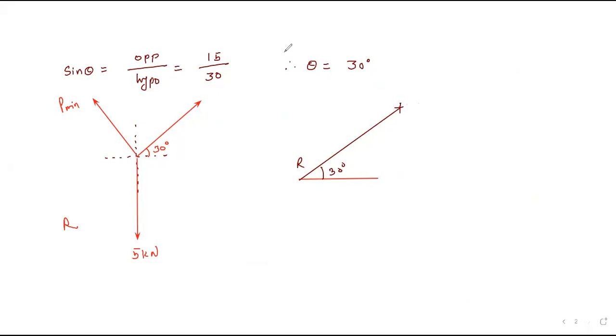So now again, if I draw this horizontal line, okay, this is my horizontal line, perfectly horizontal, and if I extend the line of action of this force further like this, okay, so this is R. This is the line of action of R.